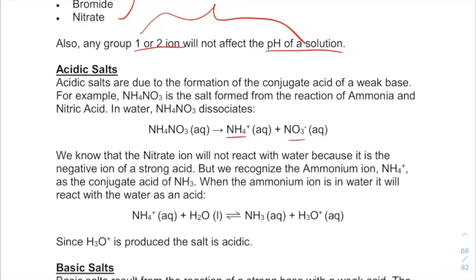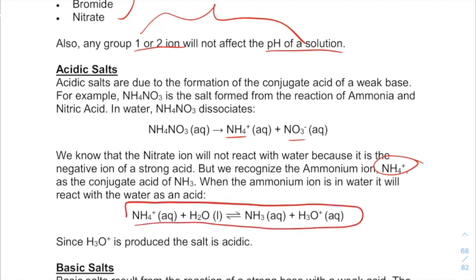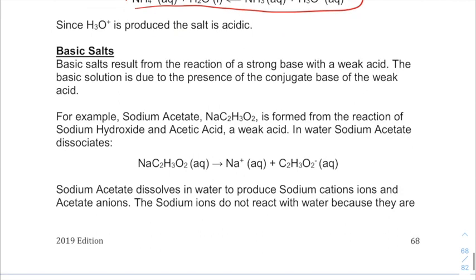But this ammonium ion, NH4+, is actually a conjugate acid of NH3, and it's a fairly okay acid. It's not the weakest acid in the world. And so now you have an acidic chemical that you created. So we have to keep track of these sorts of things.